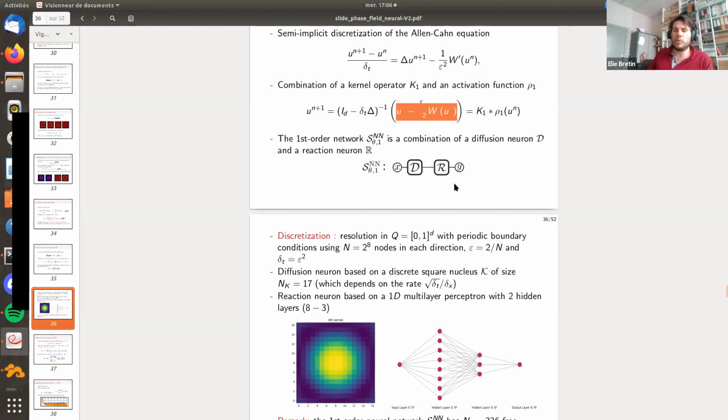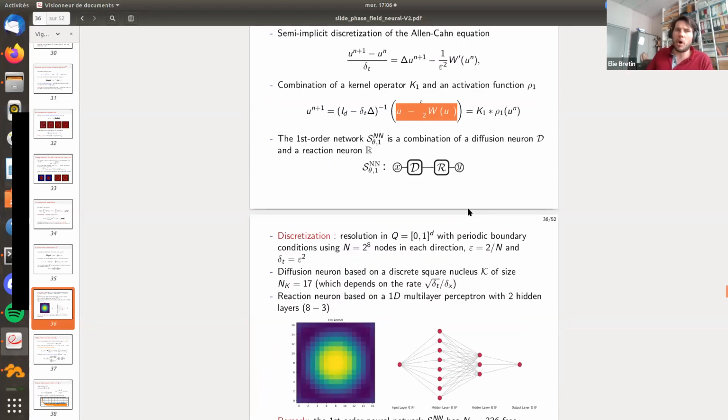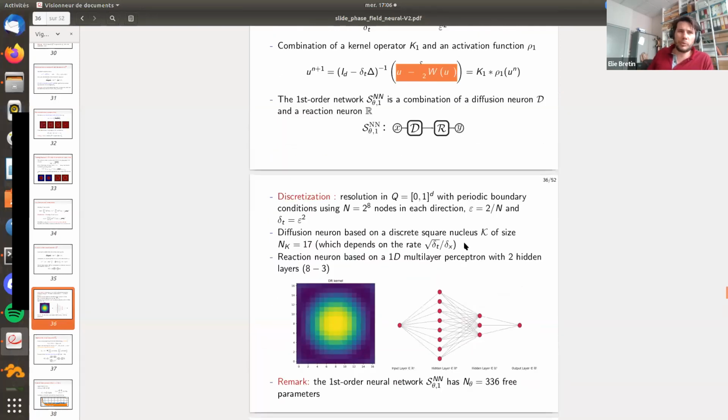When we consider this kernel we use PyTorch, but at the beginning we did all the experiments in MATLAB with a classic technique. Then we focused on the Willmore energy, and we saw that the Willmore energy is in a certain sense the derivation of the Allen-Cahn equation.